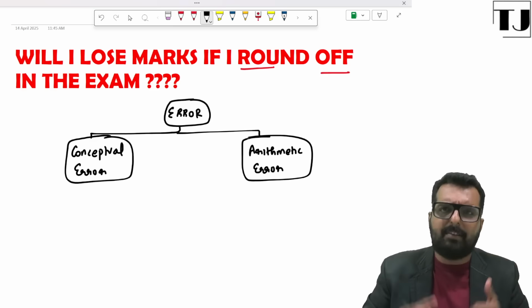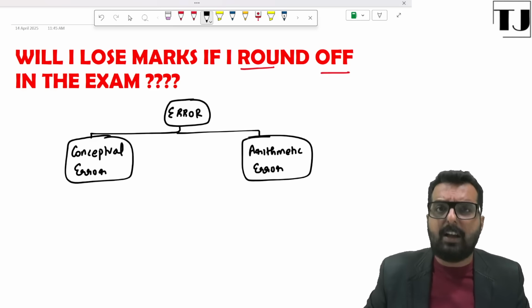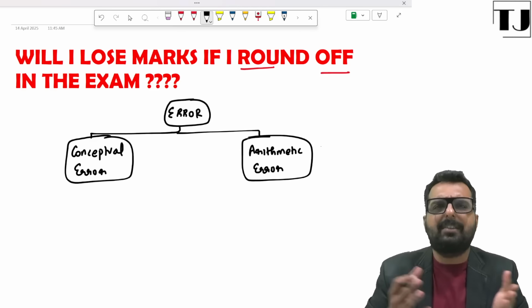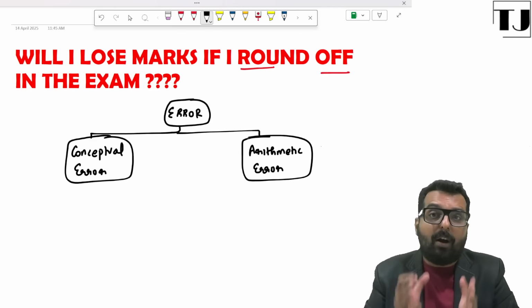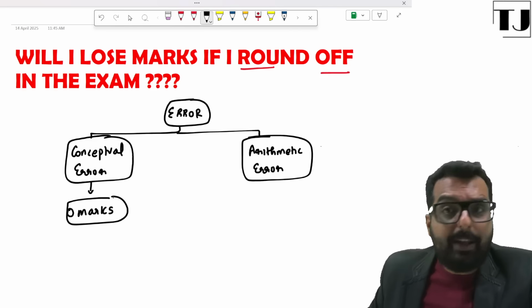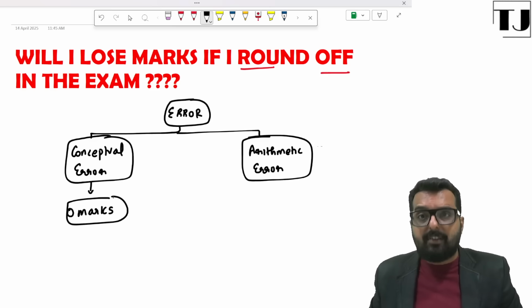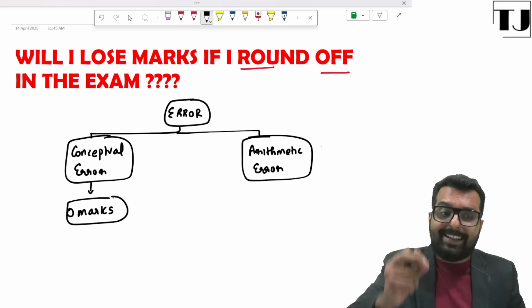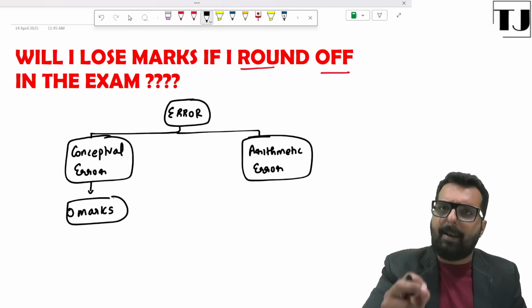You are supposed to take the present value. Instead of taking the present value, if you go and find out duration, you are doing something wrong over there. So if you are conceptually wrong, you get 0 marks. Because as a chartered accountant, you should be able to apply the concept. You should be able to get the answer correct by applying the concept.